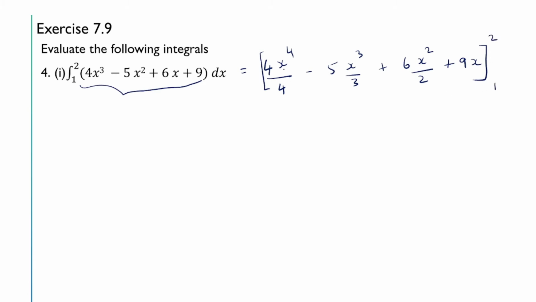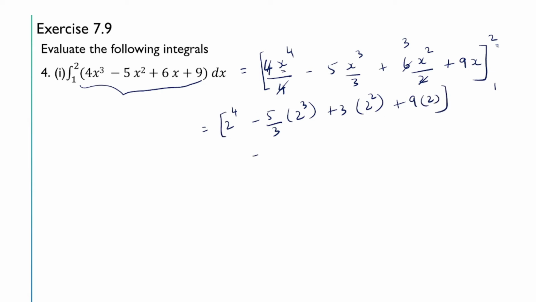Now we have to substitute the upper limit, which is 2, in place of x. So before that, let us simplify. So this is equal to 2 raised to 4 minus 5 by 3, 2 cube, plus 3 into 2 square plus 9 into 2, minus, in place of x we have to substitute the lower limit, which is 1.